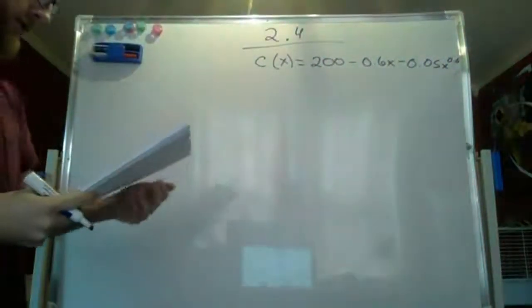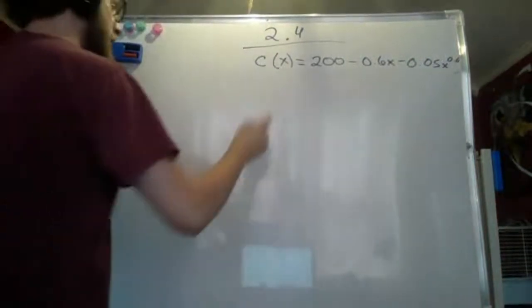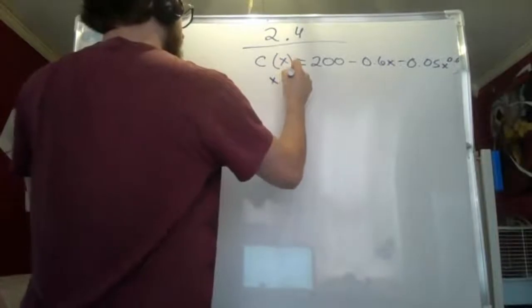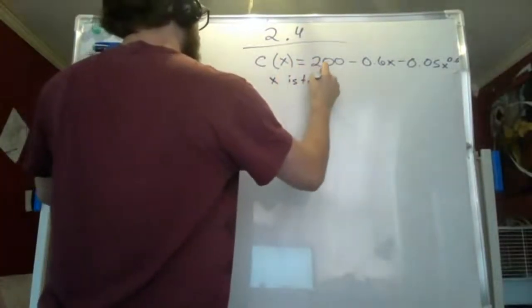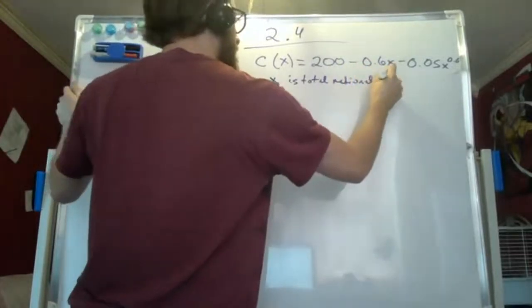So there's our consumption function, where x is the total national income. So x is total national income.